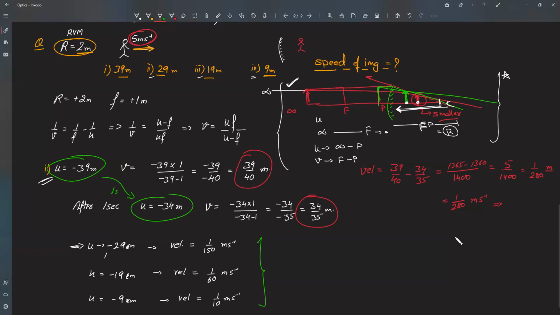So at that time also the speed which you will see will be only 1/10 of the speed of the object. So you have to be very careful about the conclusion which you make about the things at your back when you are driving.